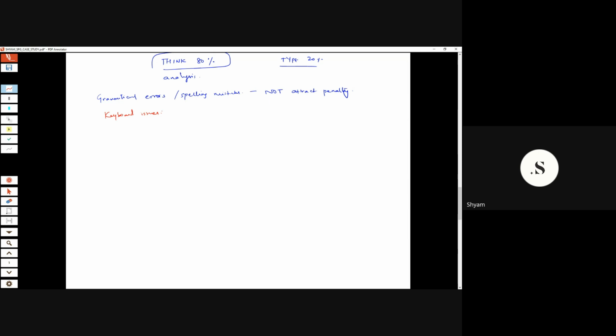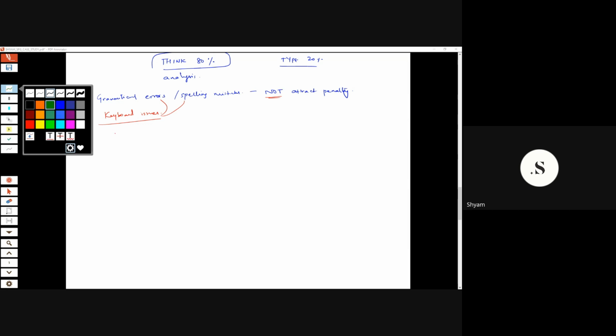Some keys do not work, some keys are hard to press. This cannot be handled by the course team or the BS program team. It's up to the examination center to take care of this issue. So if you face such issues leading to grammatical errors or spelling errors, it will not attract a penalty. So do not worry about that. So manage your time accordingly.